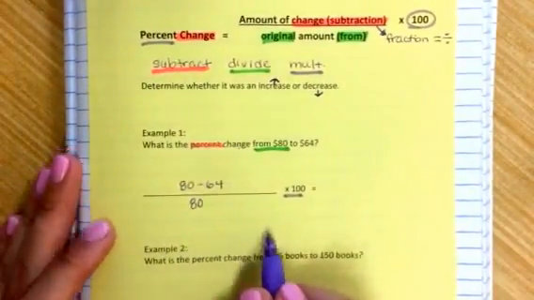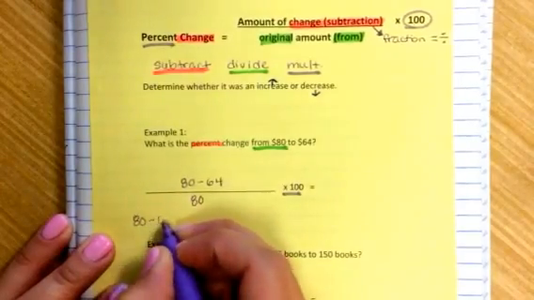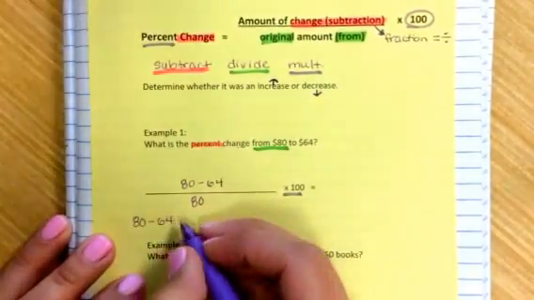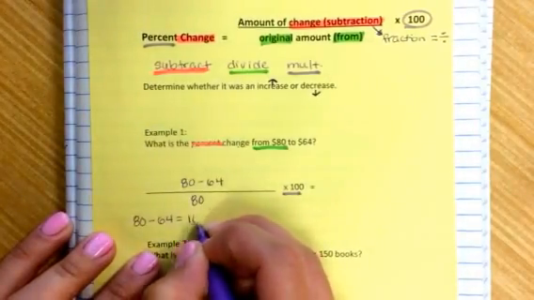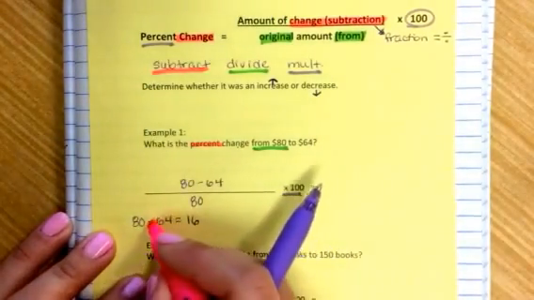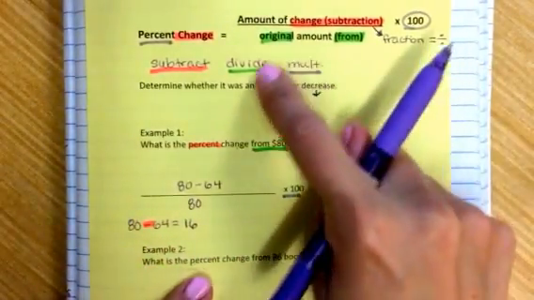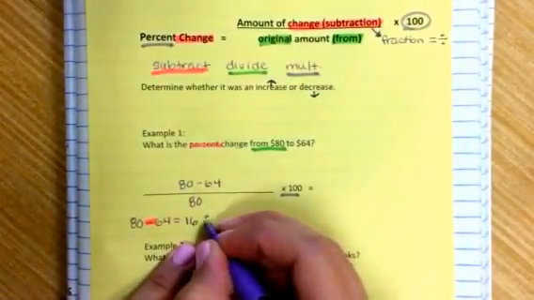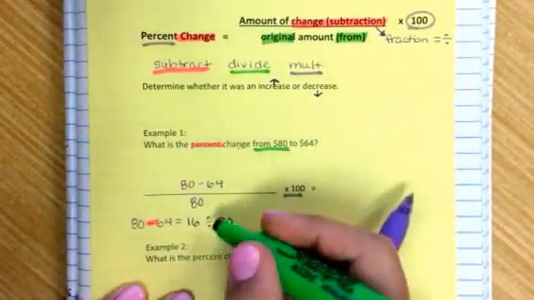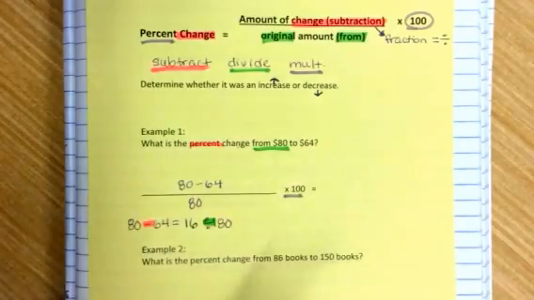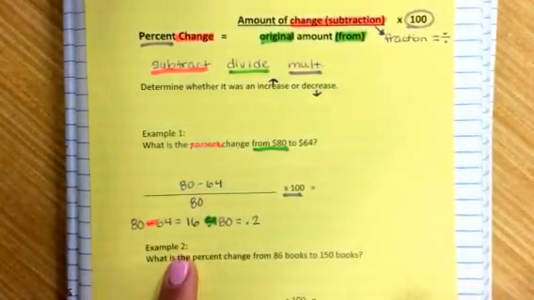Okay, let's roll through all the steps here. First, we subtract. 80 minus 64 will be 16. That's my first step. My next step is to divide. We divide it by the 80, and we get 0.2.